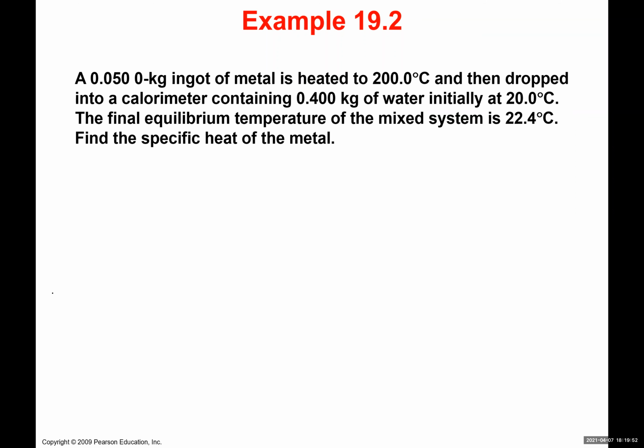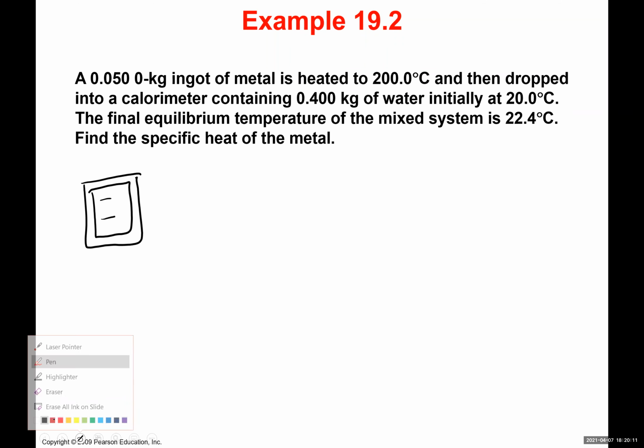Now, one of the things we have here is an isolated system where I have a calorimeter with some water in it, right? So let's say I have some blue water like that.